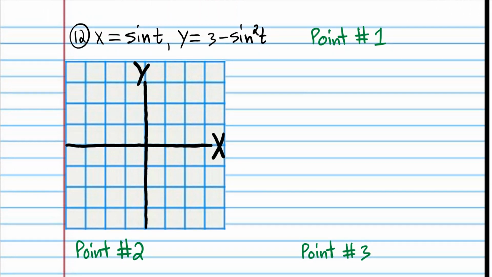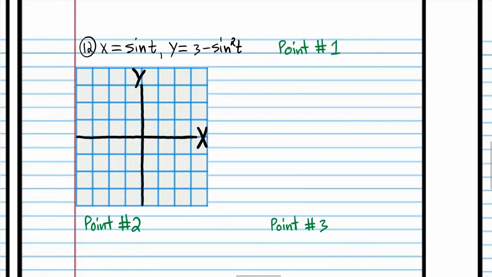So let's press the y equals button and enter these equations in. Sine t, and 3 minus, and you're going to have to use a left parenthesis and then sine t, and then 2 right parentheses, and then the upside down v button and then the 2 power.